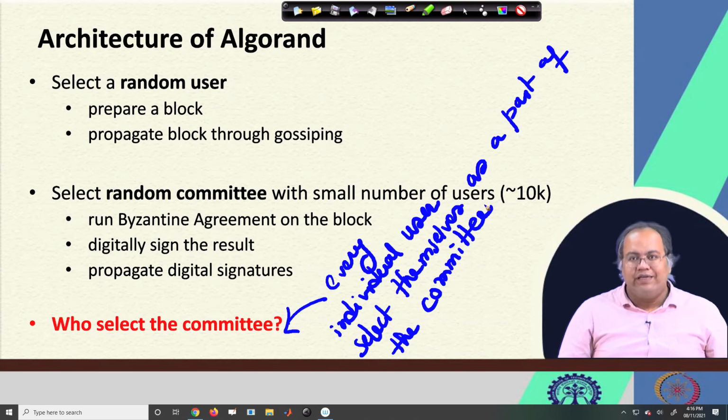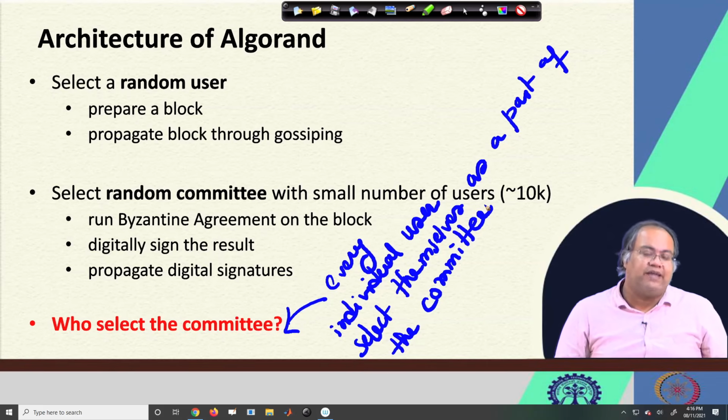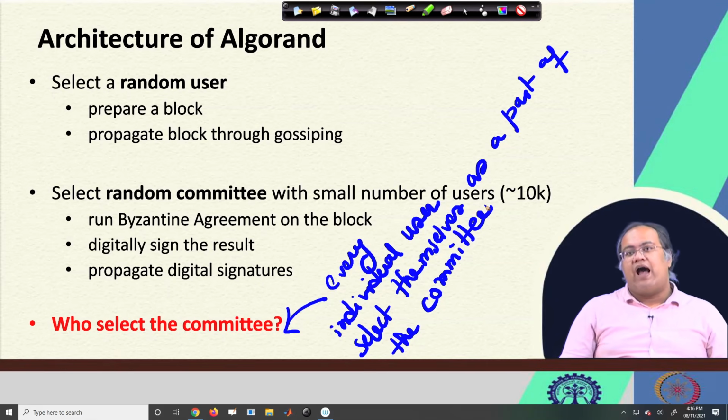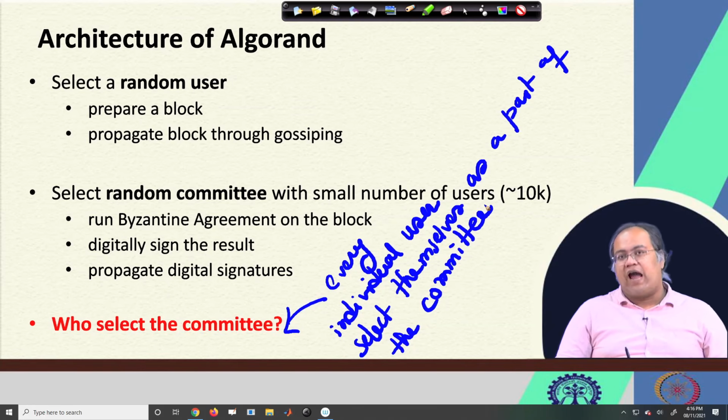Okay. This sounds interesting and strange, right. So, that means I am going to select myself as a part of the committee. If I am going to select myself as a part of the committee, obviously I need to prove that I am someone who is eligible to be part of the committee. Well, how am I going to prove that I am eligible?